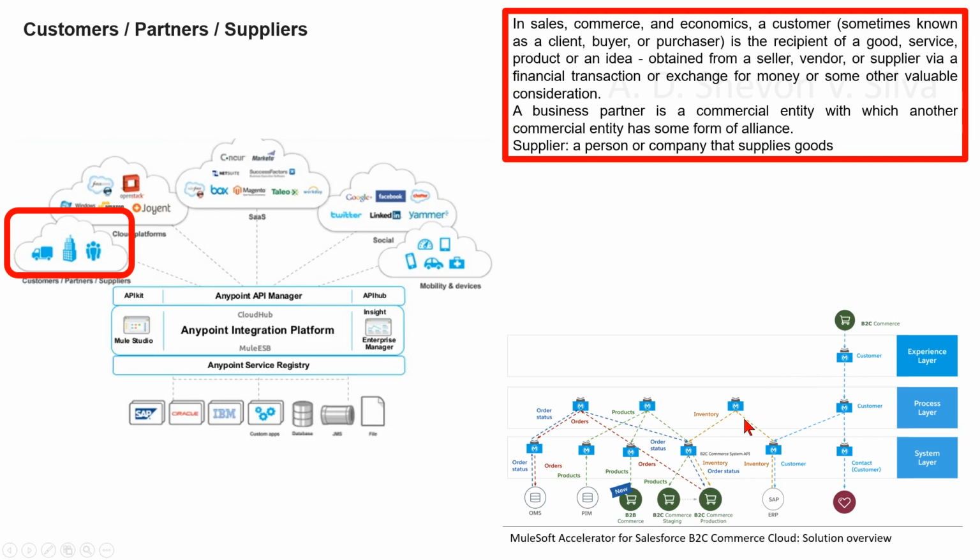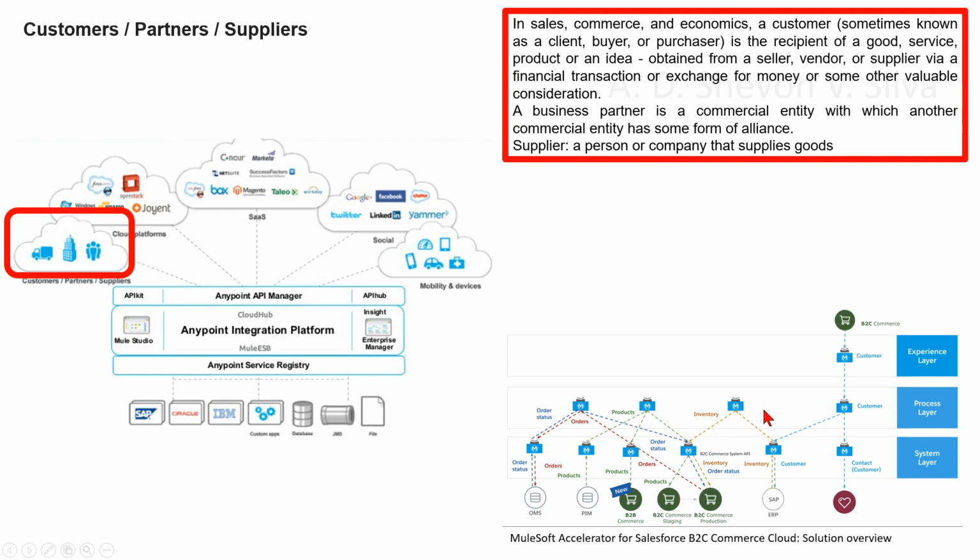Inventory process API. The inventory process API orchestrates inventory updates between SAP system API and B2C commerce system API.